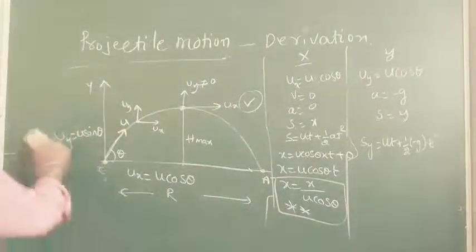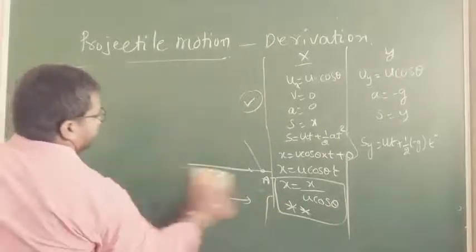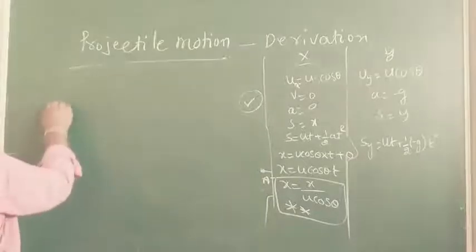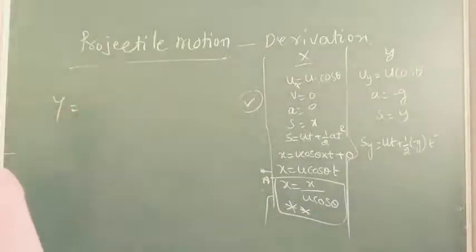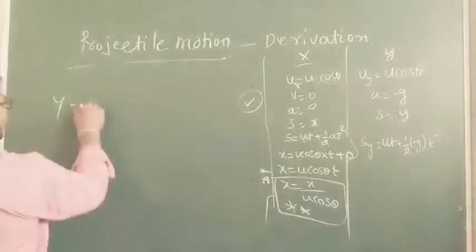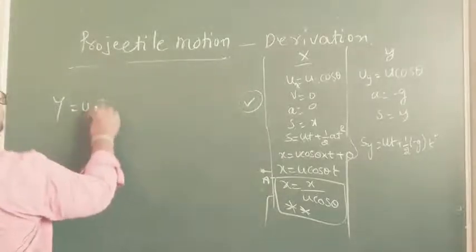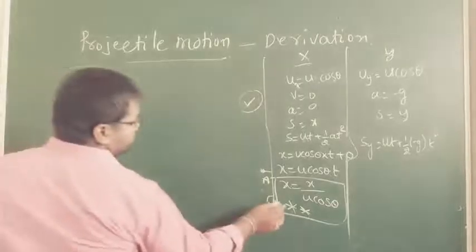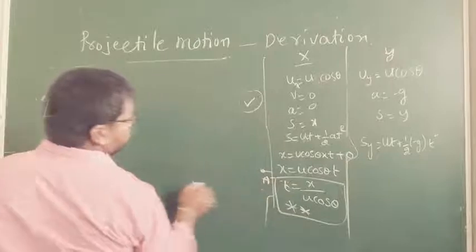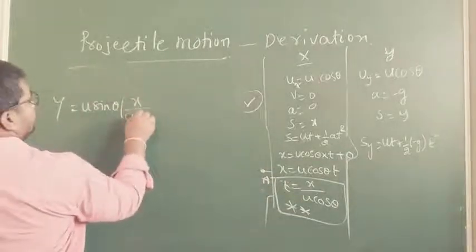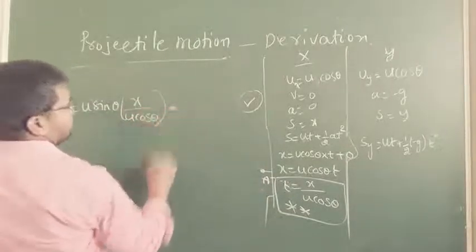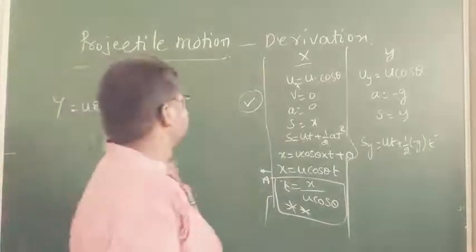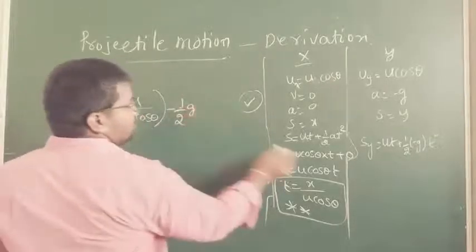Okay, understand? sy is equal to y, which is equal to initial velocity u sin theta into t. What is t? x by u cos theta, minus 1 by 2 g t square.